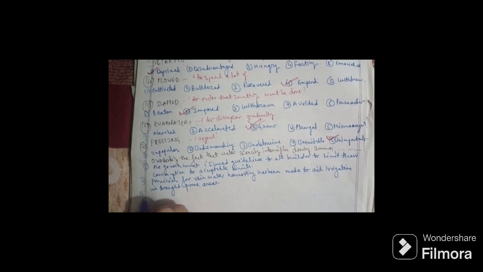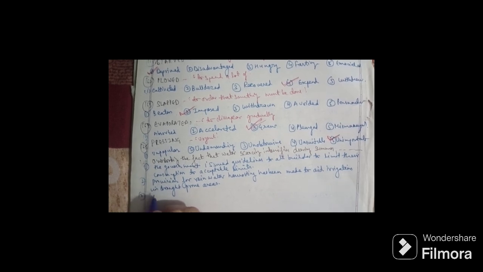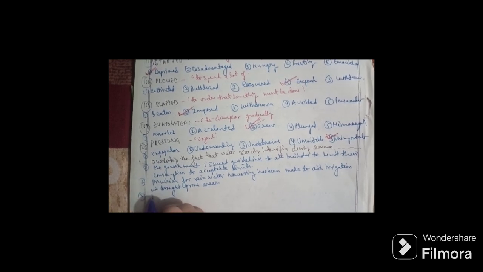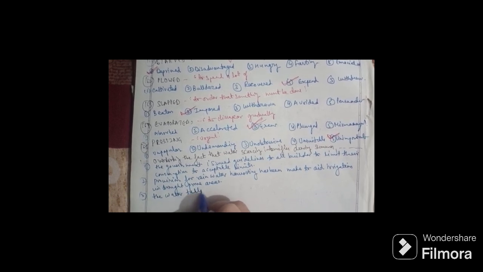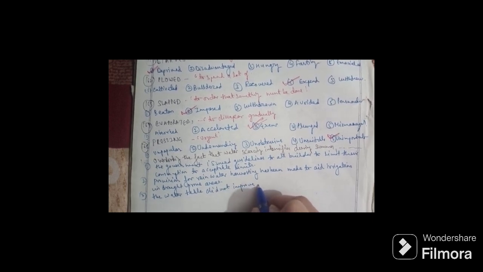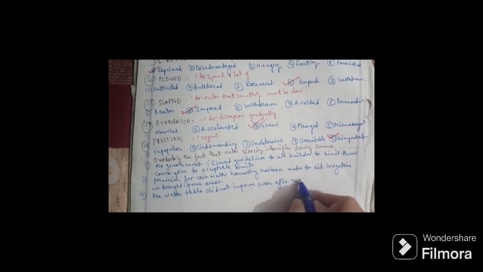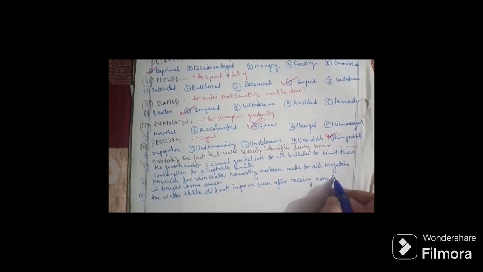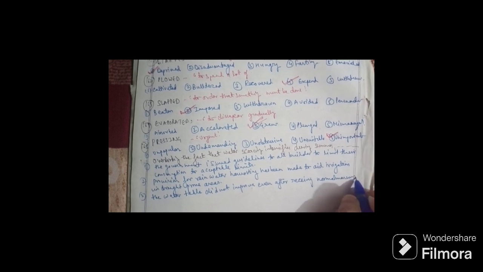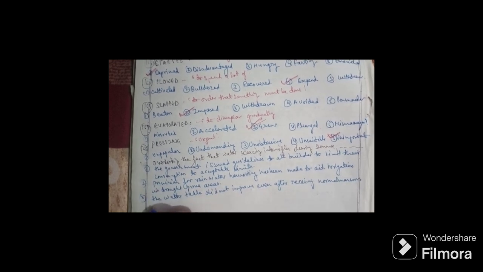Third is, the water table did not improve even after receiving normal monsoon in the current year.